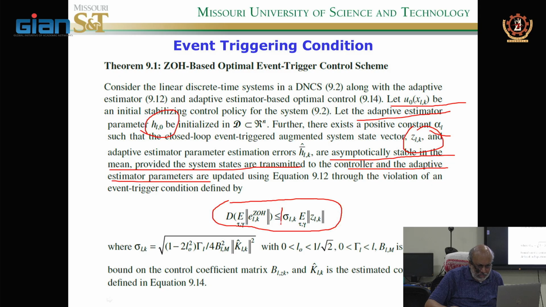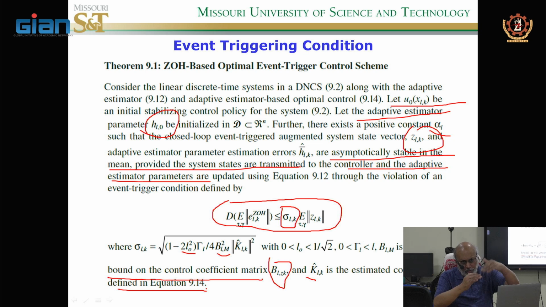This sigma L, the threshold, is determined by L0. Look at that, BLM is the upper bound on the control coefficient matrix BZK, and K hat is the estimated control gain, which is the estimated value of the Kalman gain. So this is how you decide when to transmit, and by doing this, you are able to reduce the amount of transmissions going through the network.